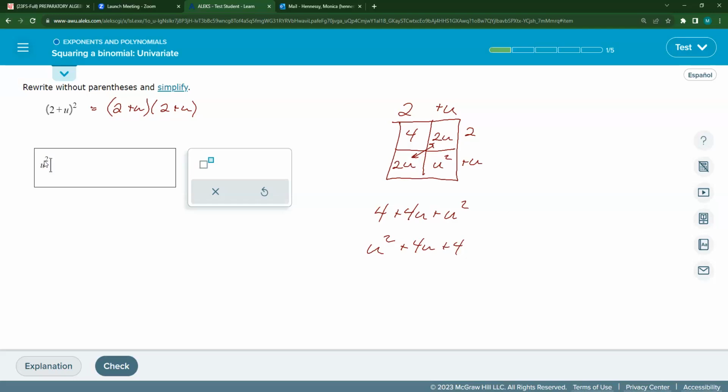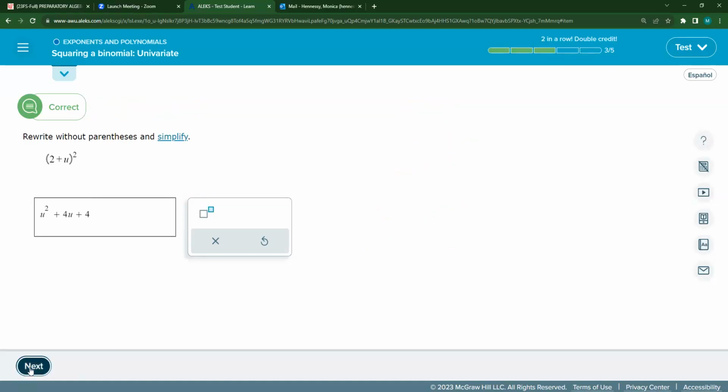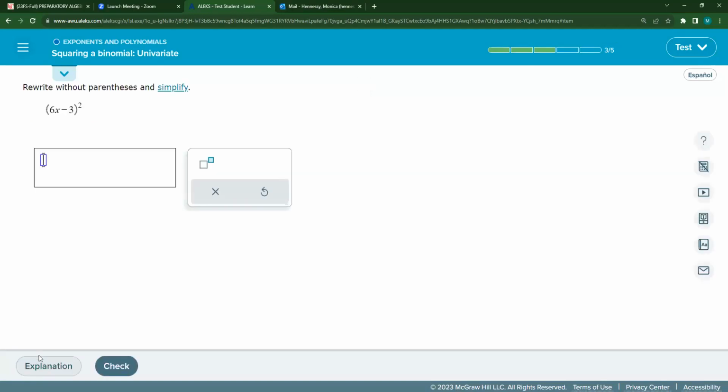U squared plus 4u plus 4. Check. Yep. And we will get our last problem for this so that our topic can be done.